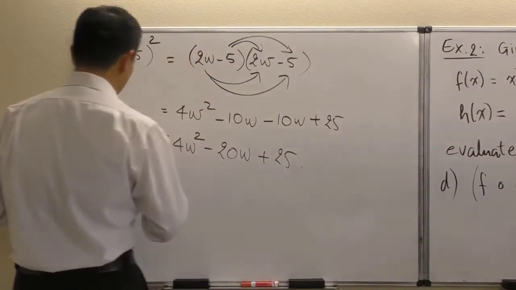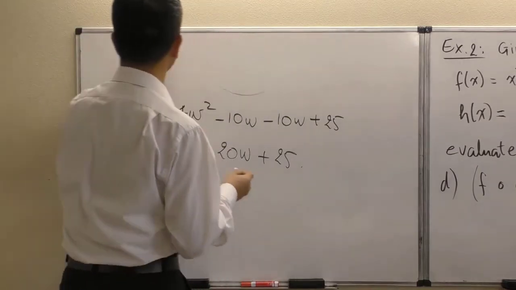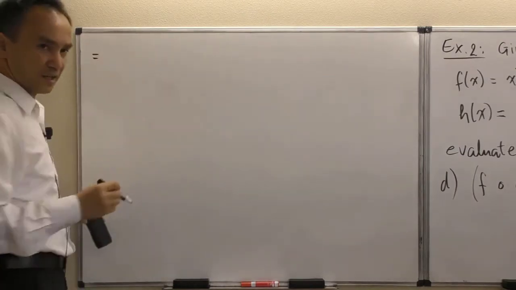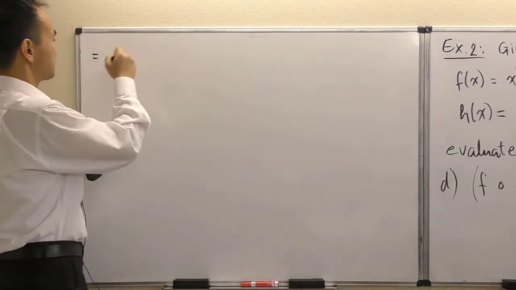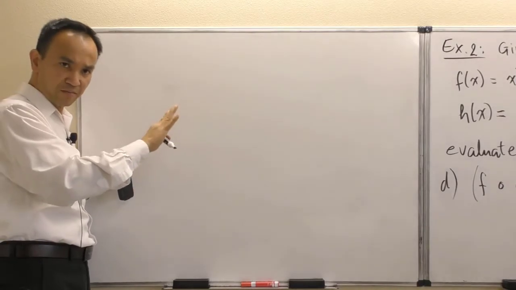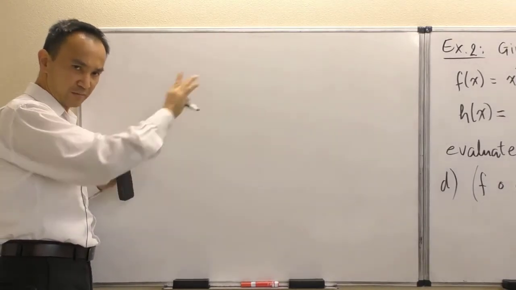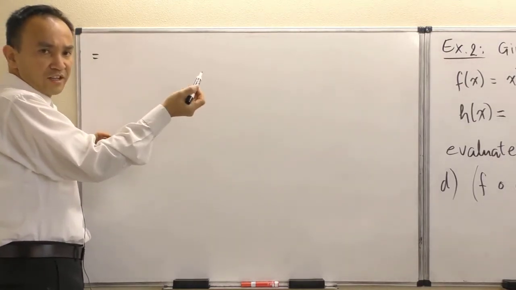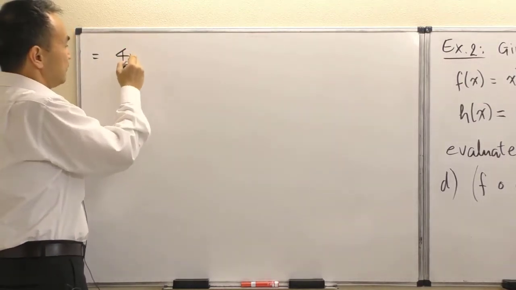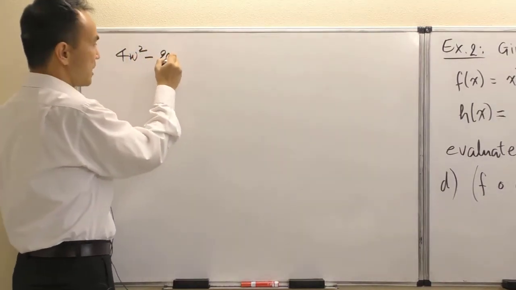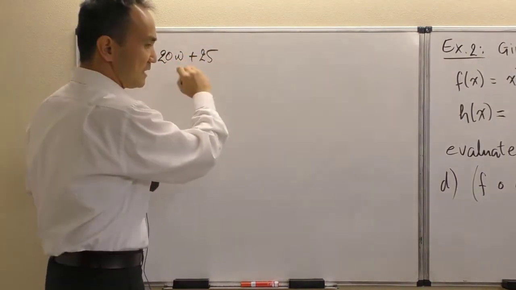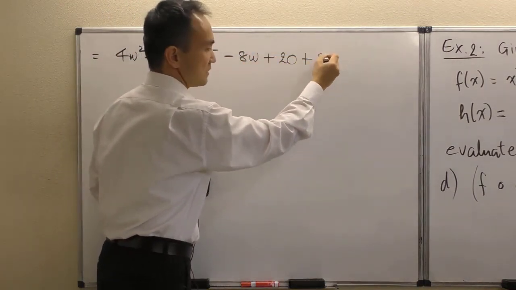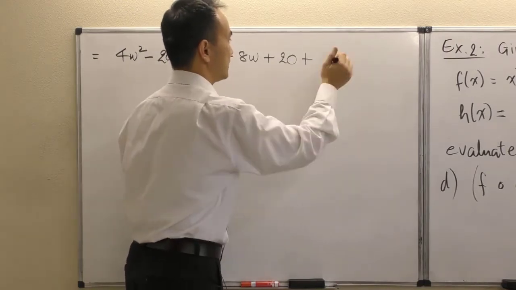In my next step, and this is the formal work, not scratch work, there was no negative sign in front of my group of parentheses from the previous step. So I can simply take away the parentheses without worrying about sign changes. So 4w squared minus 20w plus 25 minus 8w plus 20 plus 5.